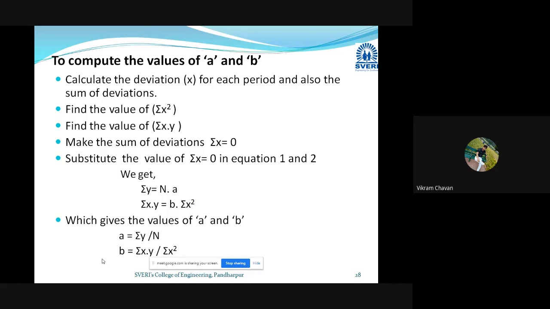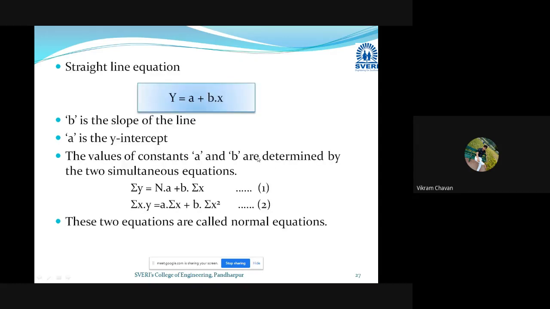If you put summation of deviation, that is summation of x, equal to 0 in equations number 1 and 2, then in the first equation the whole term b times summation of x becomes 0, and we get the equation for a: a is equal to summation of y divided by n.